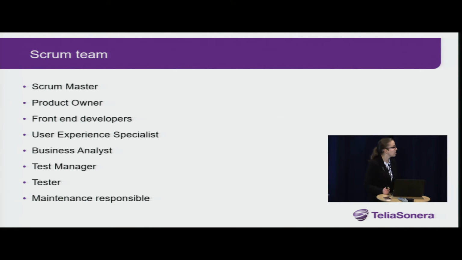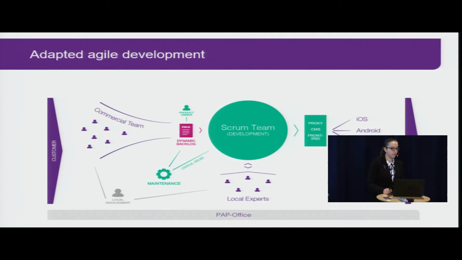We have a user experience specialist who works both with maintenance and with development issues. We have a business analyst, test manager, tester, and maintenance responsible. I think it's very important that the maintenance responsible is part of our team and gets more and more integrated in the process. And it works the following way.